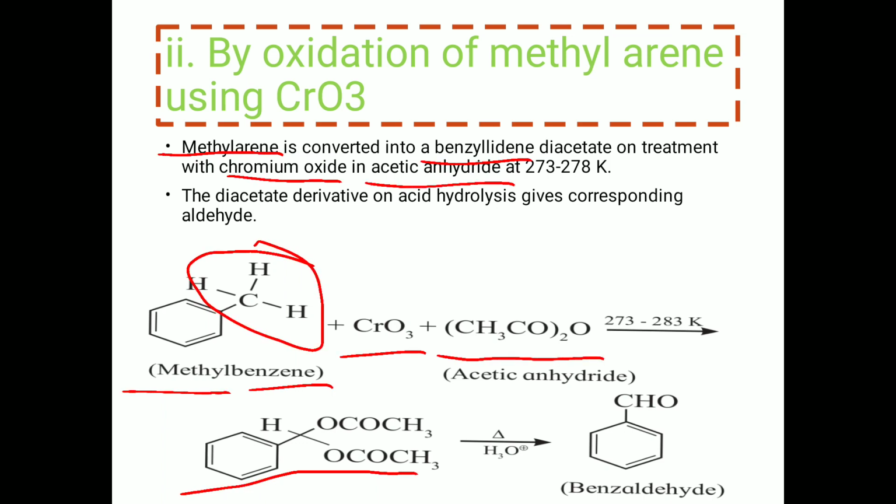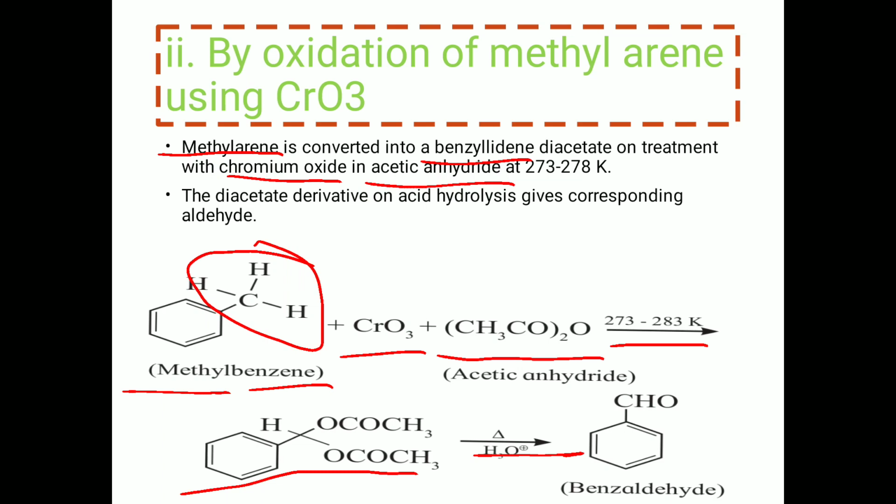The general formula for acetic anhydride is (CH3CO)2O, and the reaction takes place at 273 to 283 Kelvin temperature. This is the diacetate derivative.